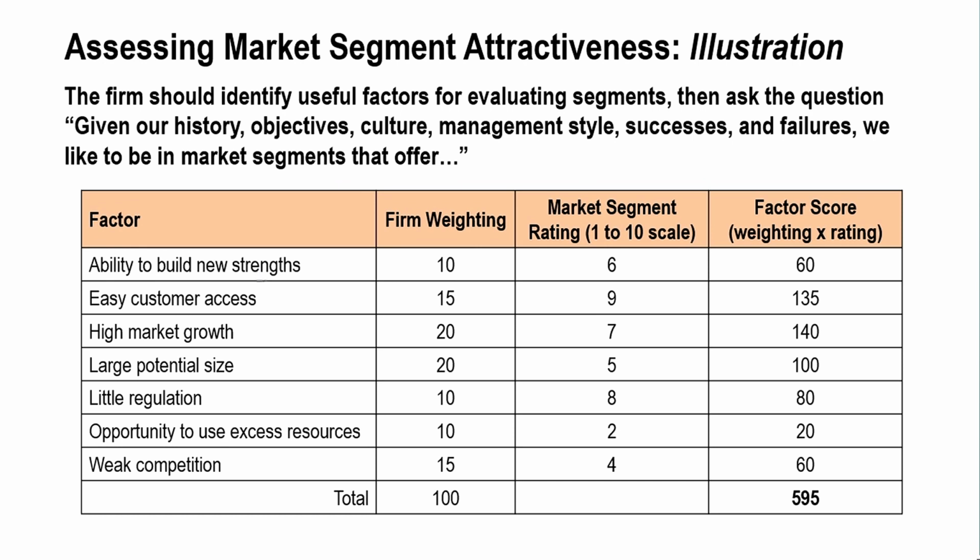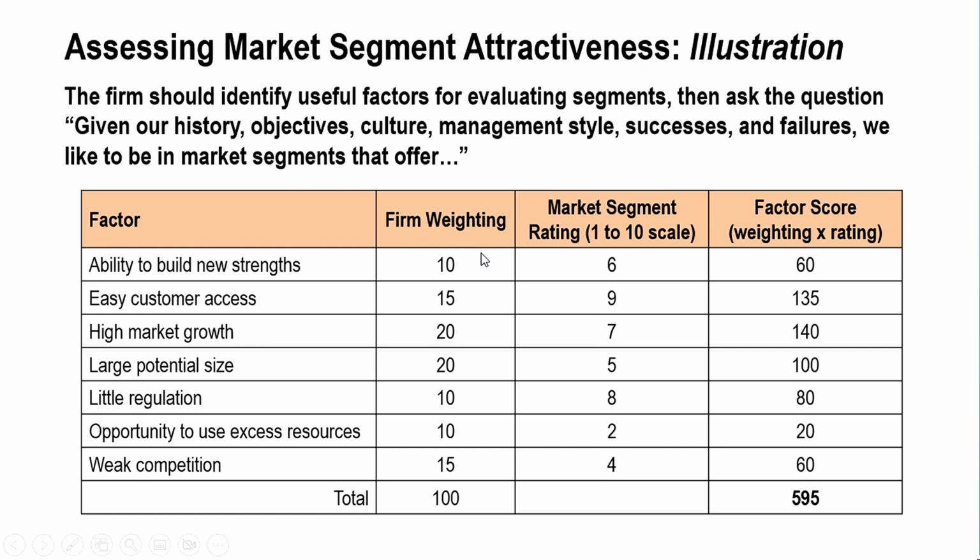Based on these different factors with respect to the organization, the marketing organization firm's current status or evolving status, we can say that given our history, objectives, culture, management style, previous successes and failures, we like to be in market segments that offer these factors, and then we can prioritize them by giving some weights.